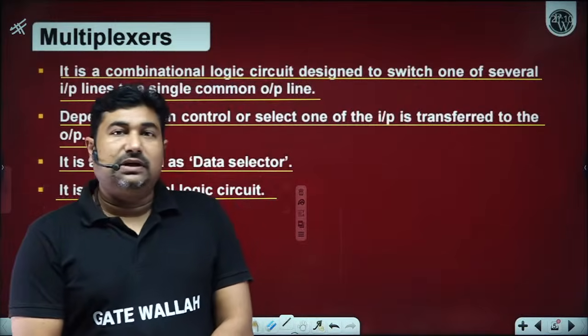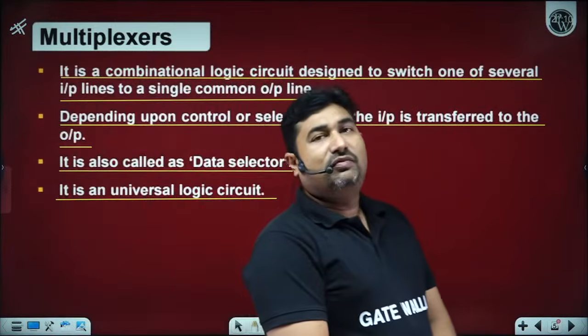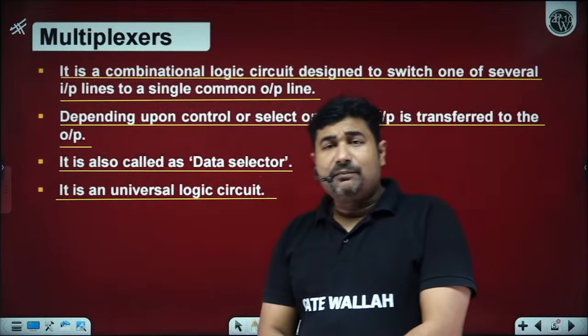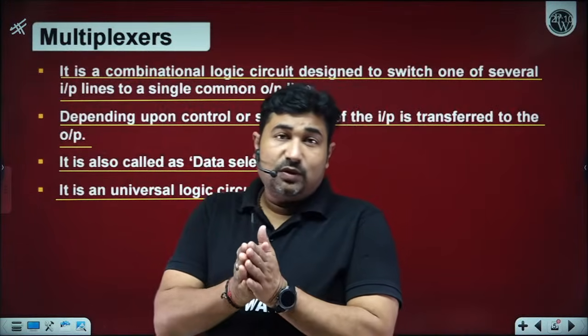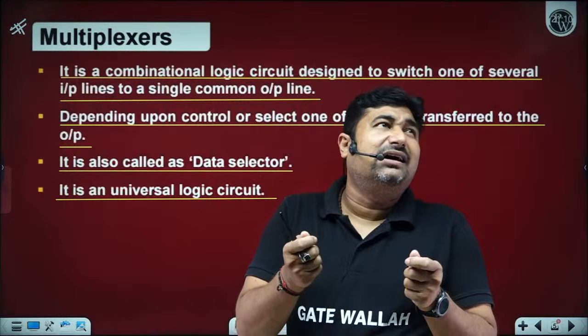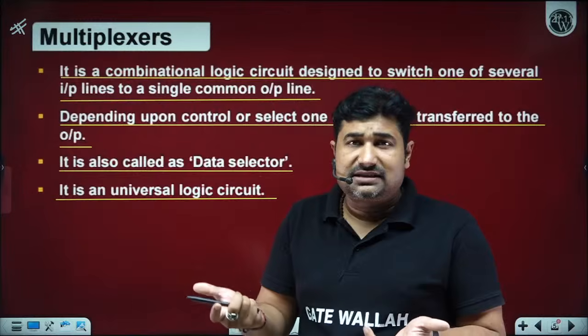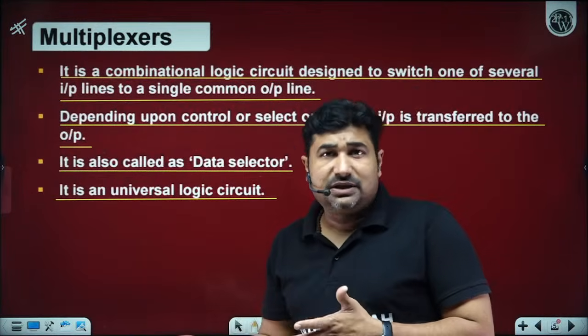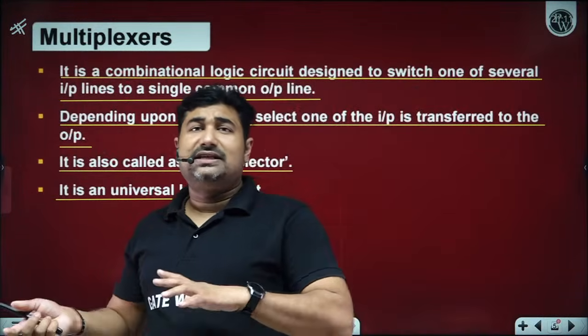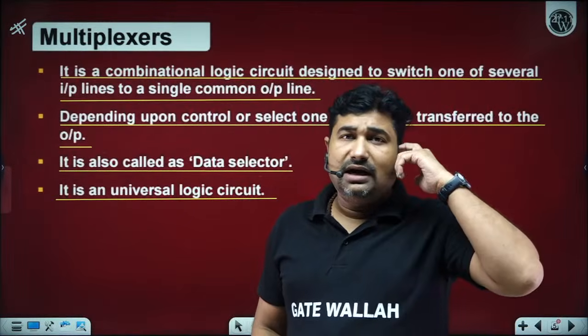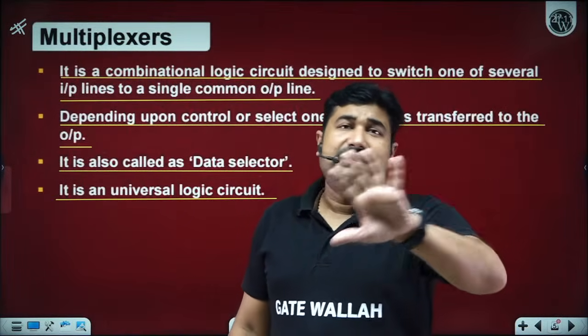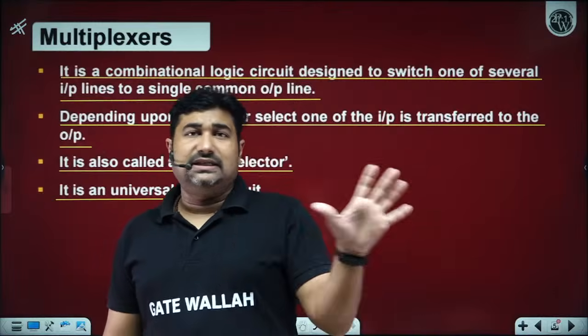Now let's try to understand how a multiplexer will function. Compare a multiplexer with a remote control with multiple channels coming as input signals to your TV, but only one signal is going to be displayed on your LED screen.